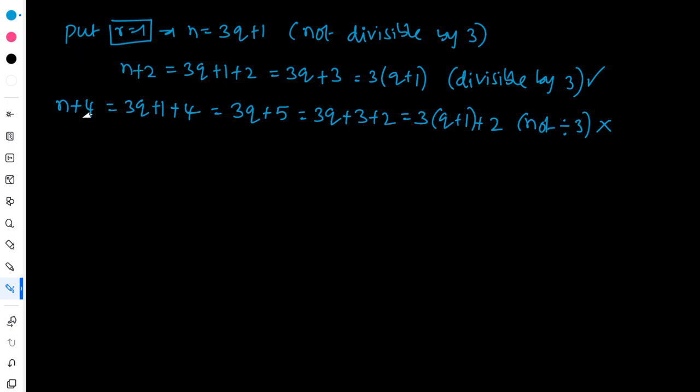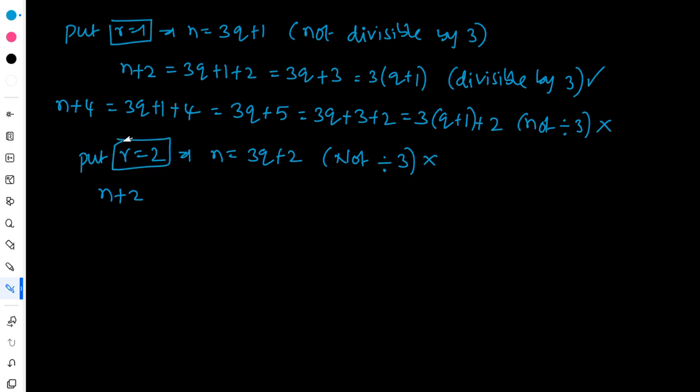In this way we check r equals 2, then n equals 3q plus 2. Yes, it is not divisible by 3. Next n plus 2: 3q plus 2 plus 2, 3q plus 4, which can be written as 3q plus 3 plus 1.